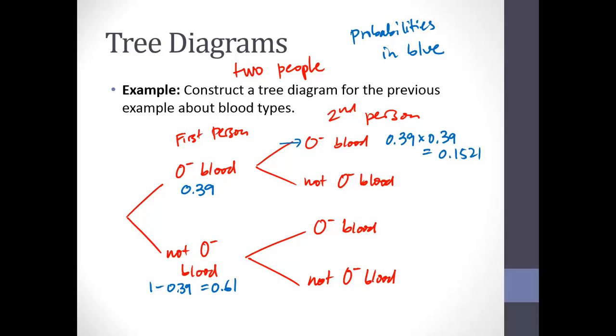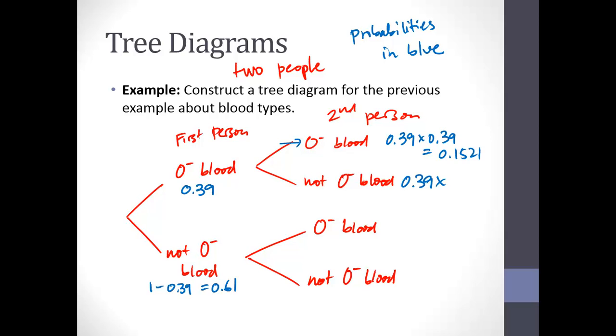So I just have the probability of the first person getting O negative blood, and then I multiply onto that the second person's chance of having O negative blood. Similarly, if the second person has O negative blood, same kind of thing. So we want the probability that the first person has O negative and the second person does not have O negative blood. So similar, the first person was 0.39.